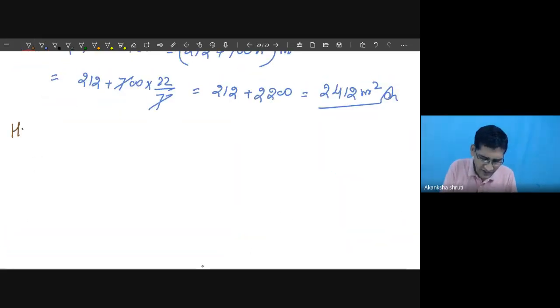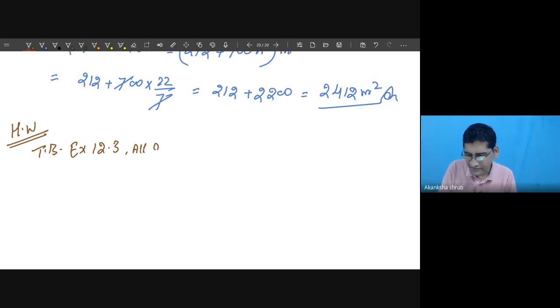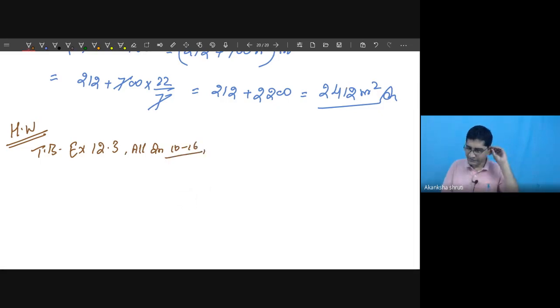So write down the homework, student. Our textbook exercise 12.3. All questions please try once again, and at least 10 to 16 are very much mandatory for you people.